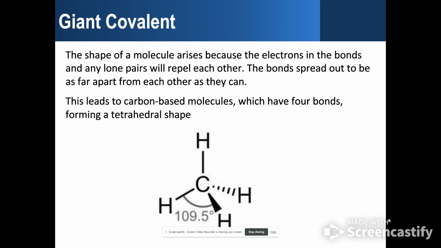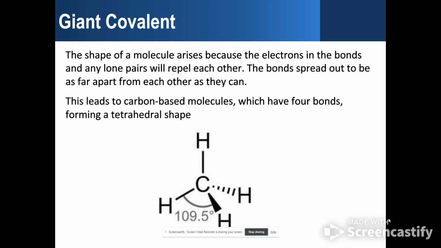Giant covalent compounds such as diamond, silicon dioxide and graphite are generally tetrahedral in structure, and therefore they're forming 4 single bonds. Graphite has a slightly different structure to that, but you don't need to know it for the Unit 1 exam. If you see something like methane, which is a simple covalent, but shown below, with 4 single bonds, that is tetrahedral structure, and it has a bond angle of 109.5.